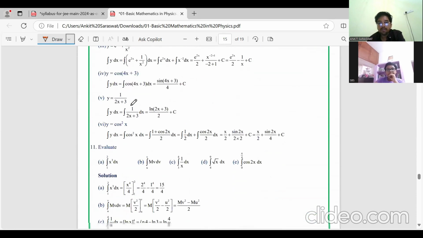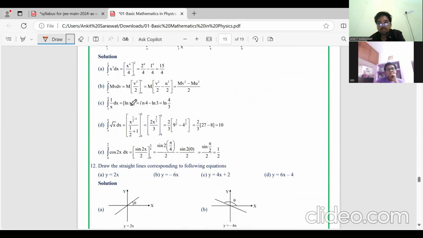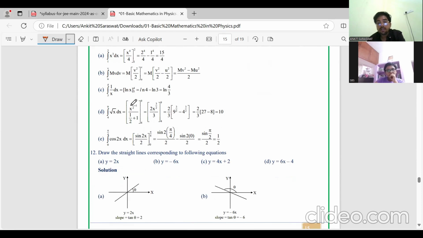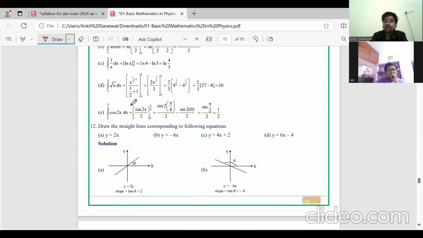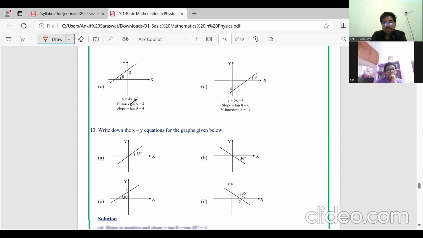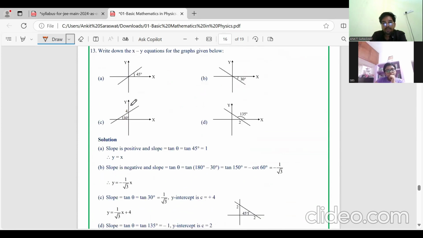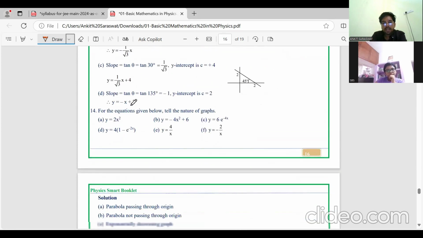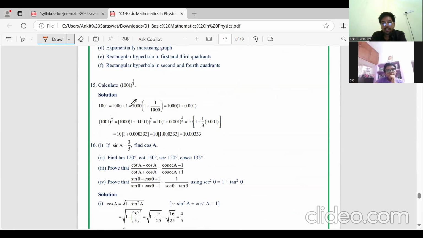Okay, so we will focus on our physics portion, but I already said what things are required in mathematics if you want to move forward in the JEE line. You should know this mathematics. Write down the xy equation. Basic, if you have an idea, then no need to worry.